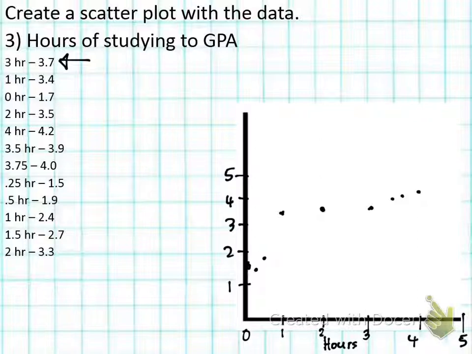That's what they earn. Next person, 1 hour a night, they have 2.4 GPA. Next person is 1.5 hours a night, 2.7. Did I write that? Oh yeah, I got that. And then last one, 2 hours, 3.3.